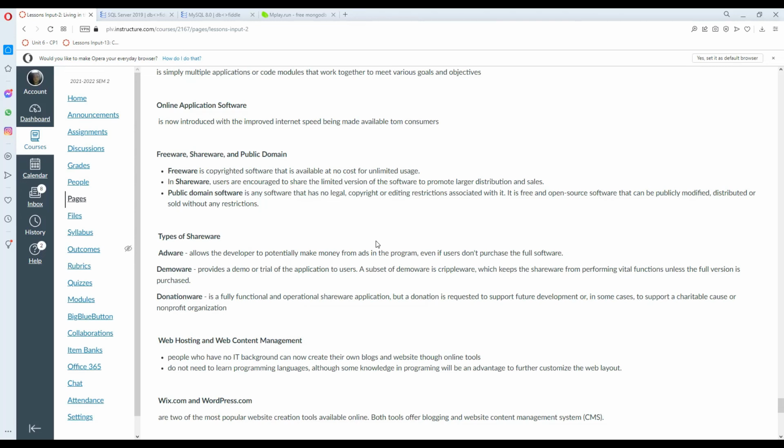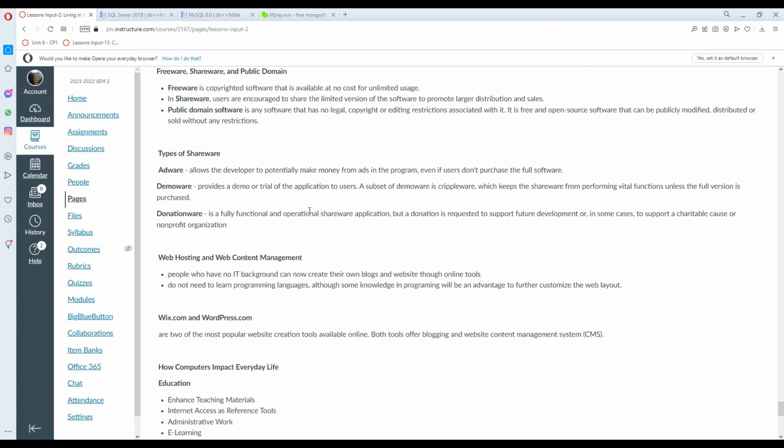Shareware, users are encouraged to share the limited version of the software to promote large distribution and sales. We have public domain software, which is any software that has no legal, copyright, or editing restrictions. It's free and open source that can be publicly modified, distributed, or sold without any restrictions.